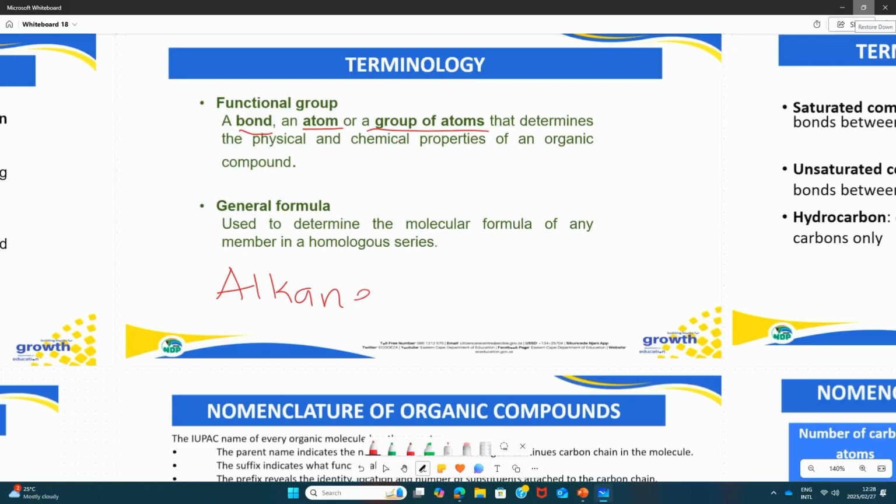Meaning, if I know, for example, that I have an alkane and my alkane has 1 carbon, I can use the general formula of alkanes, CnH2n plus 2, to determine the molecular formula of that alkane.